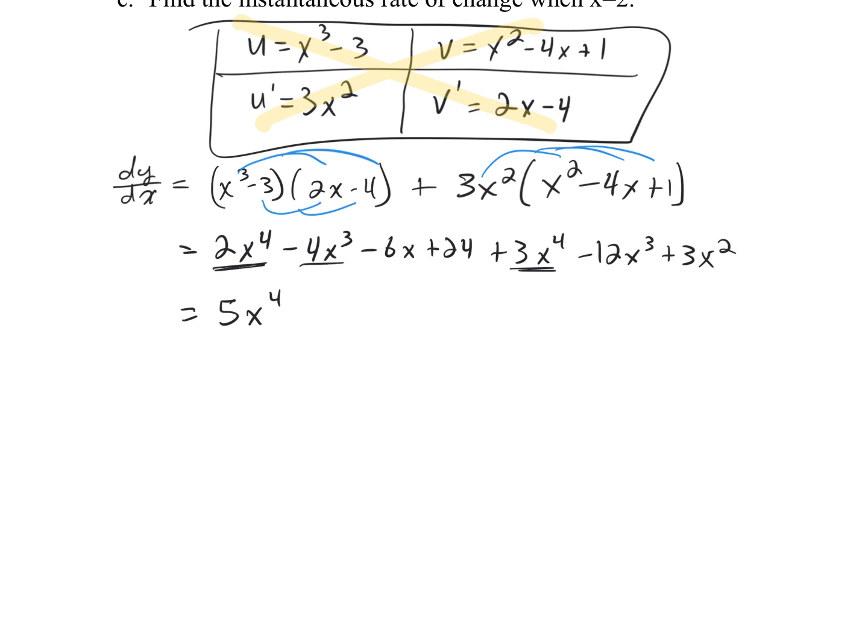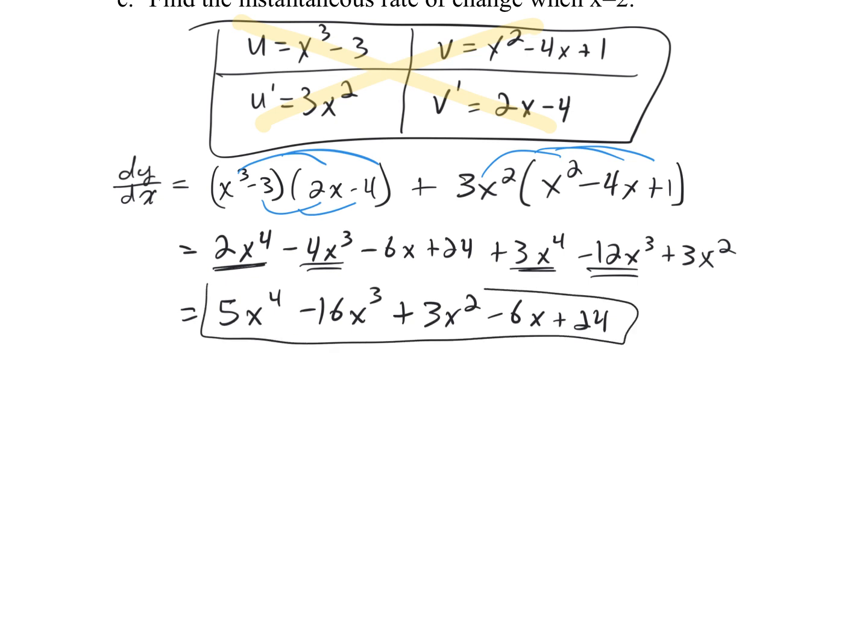And then I have a couple of pieces here that have x cubed, so I'll have minus 16x cubed. Nothing else is a like term, so I'll just write these in descending order with 3x squared minus 6x plus 24. All right, this is my final simplified derivative, so we'll call this dy dx.